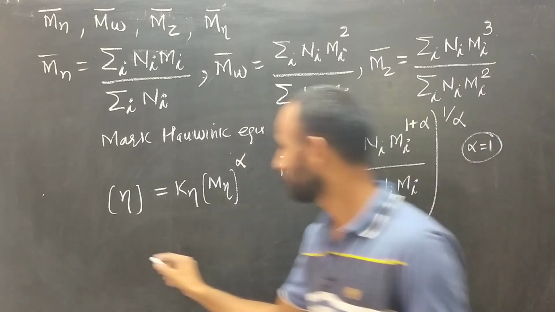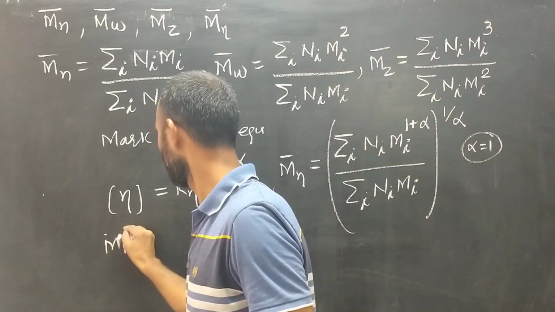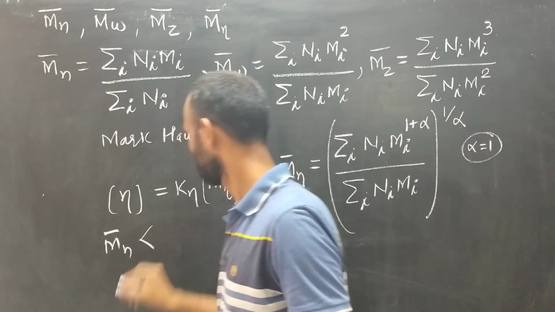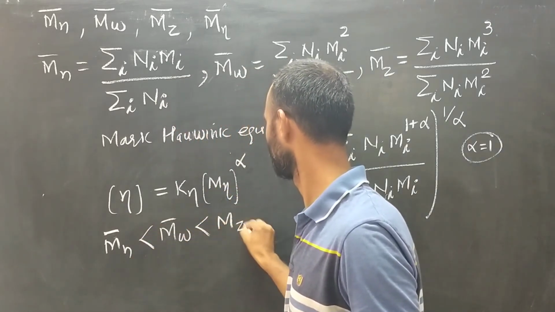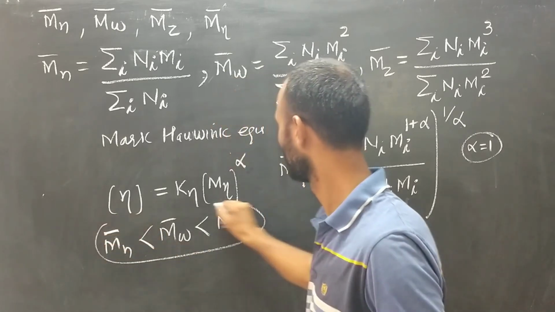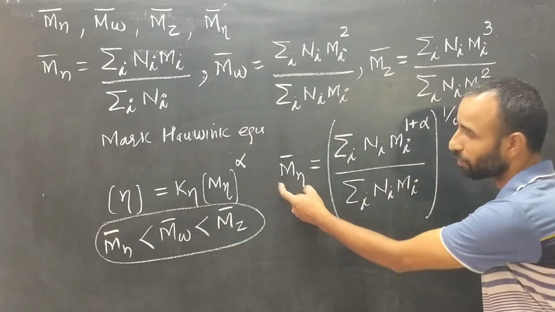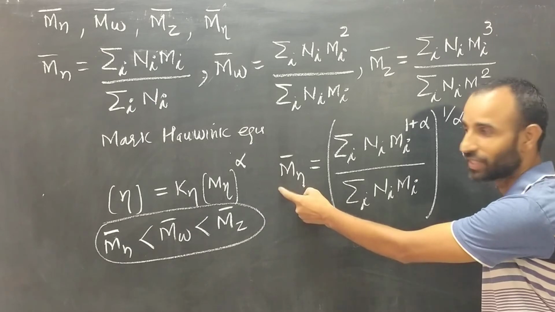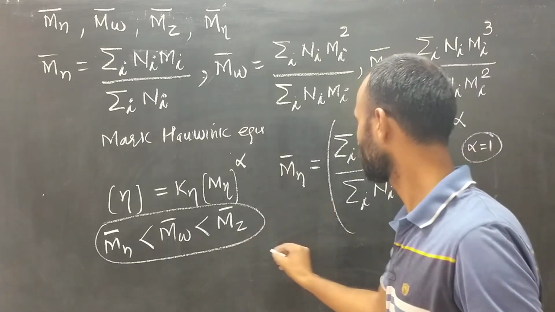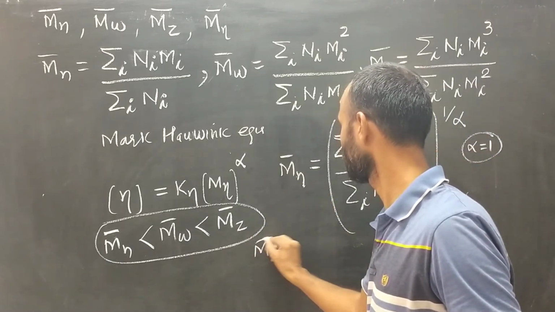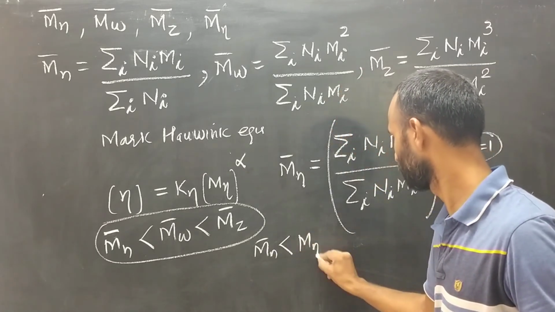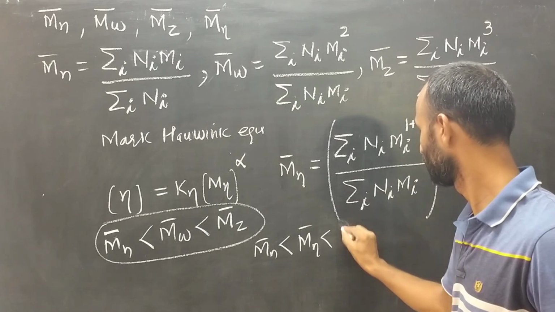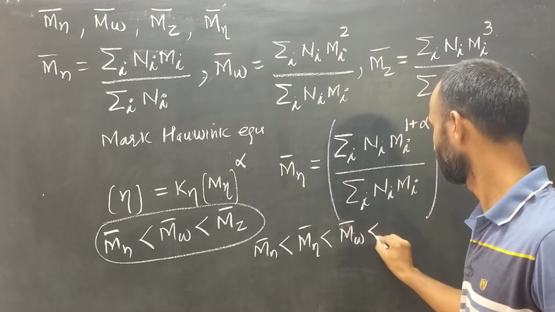So what is the relation between number average, weight average and Z average? Where do we keep the viscosity average? Keep in mind, viscosity average is greater than number average and less than weight average.